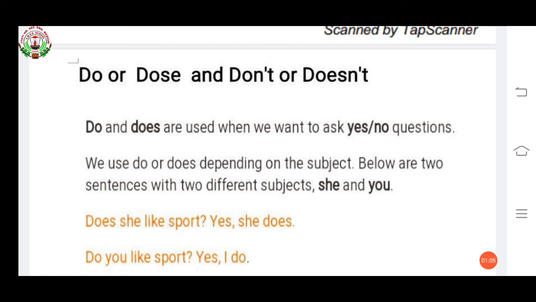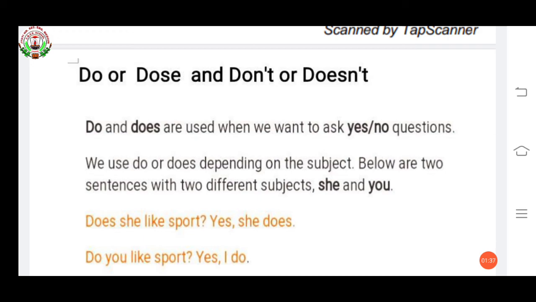Same in the past tense: simple past, past continuous, past perfect, past perfect continuous tense. And same in the future tense: simple future tense, future continuous tense, future perfect continuous and future perfect tense. So that much I told you in the previous video.